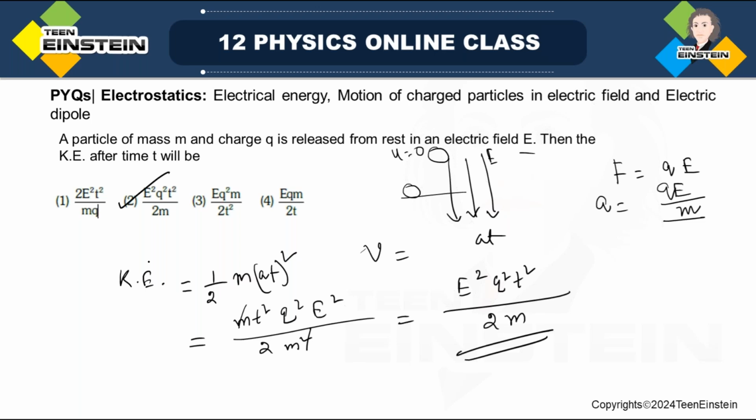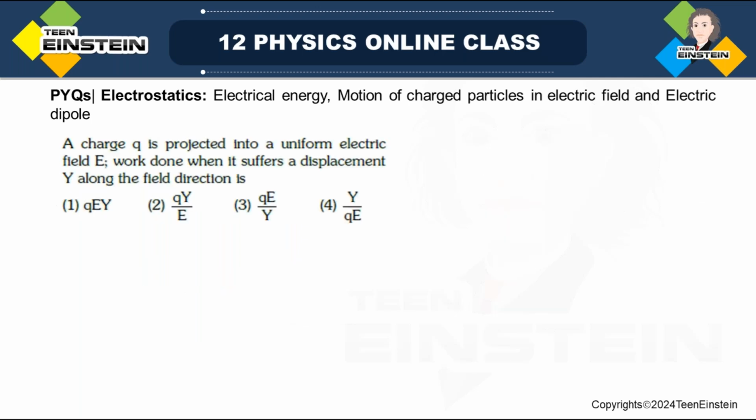Okay. Now we'll go to the next problem. Okay. So this problem says a charge q is projected into a uniform electric field E. The work done when it suffers displacement y along the field direction.